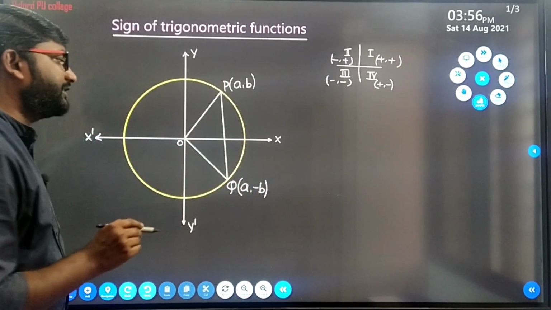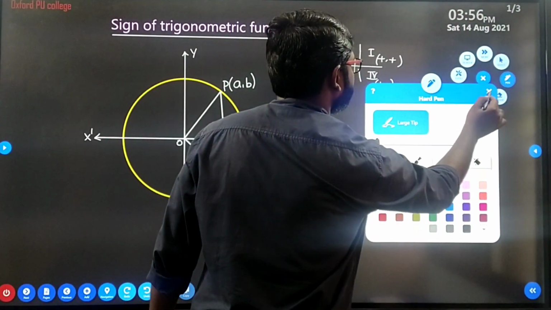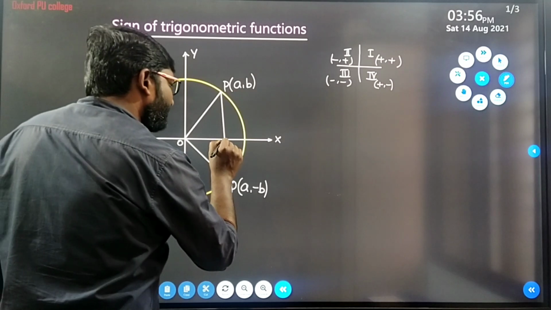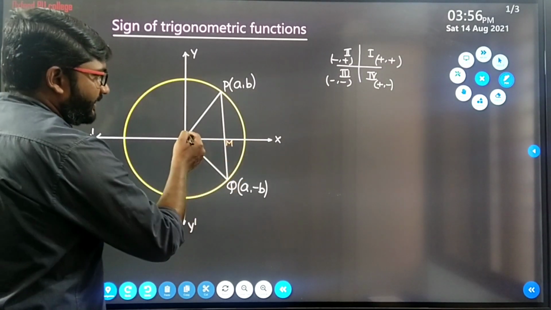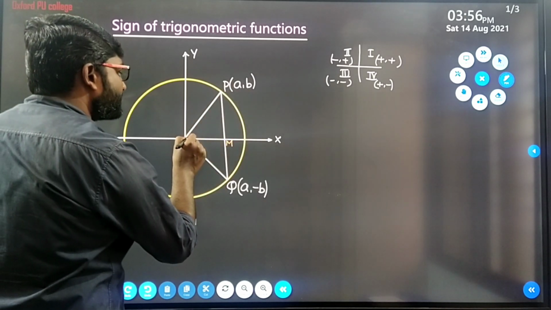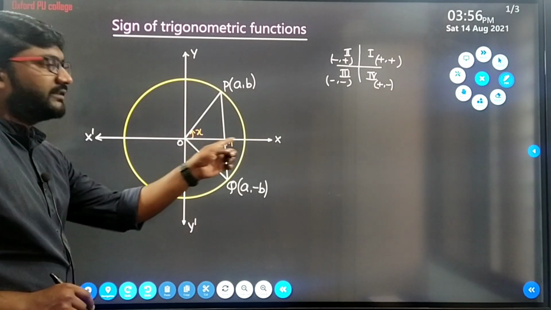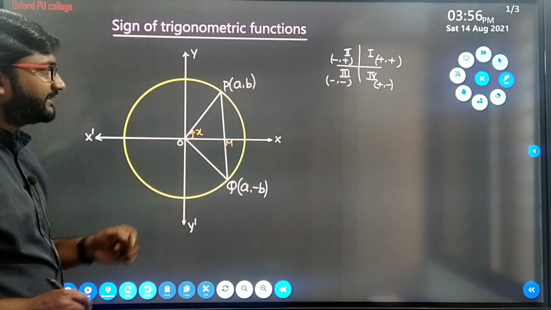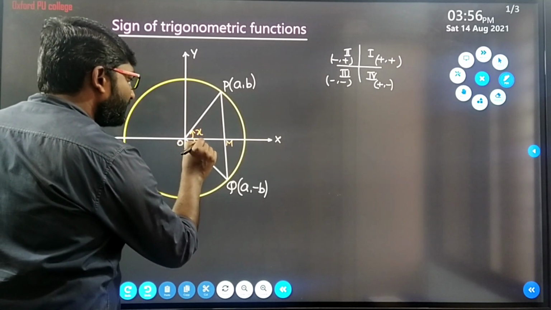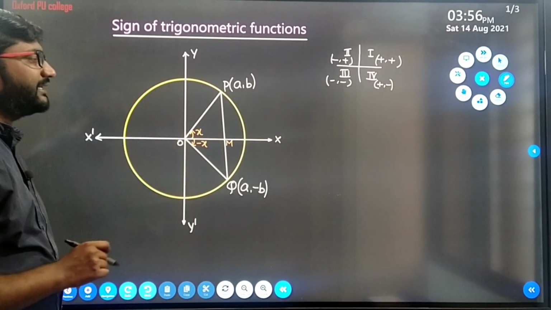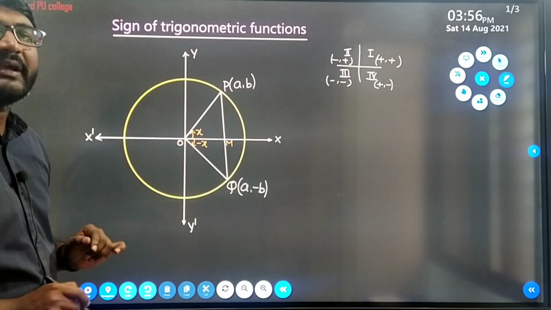So this will be the point M. Here OP makes an angle x radian with the positive x-axis, and this is going to be the angle minus x, because you are measuring in the clockwise direction, it has to be minus x.